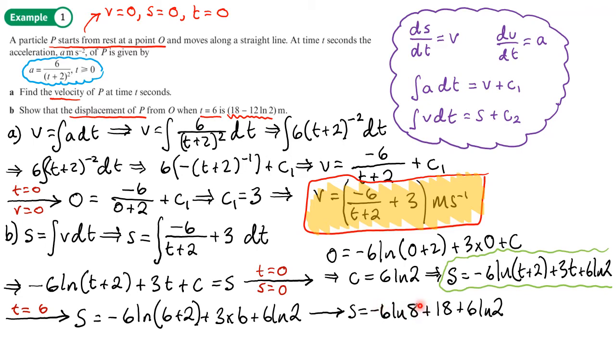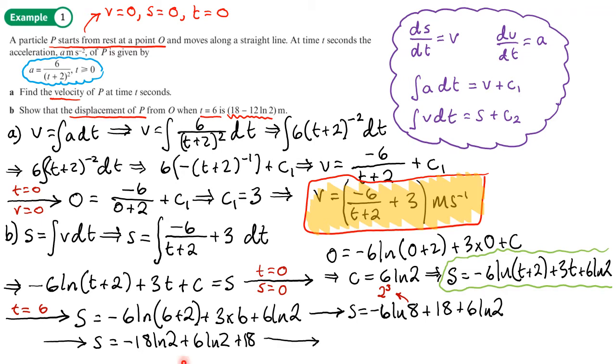Now 8 is the same as 2 cubed. So what I can do is write this as log 2 and times by 3 here. So I get negative 18 log 2. It's the same thing. So I have s equals negative 18 log 2 plus 6 log 2 plus 18.